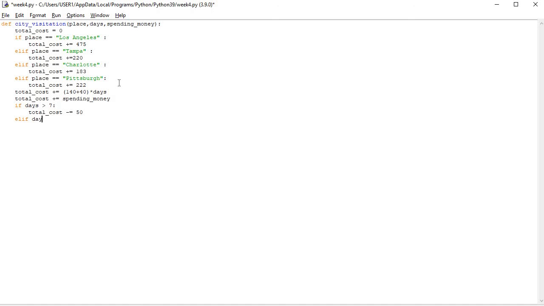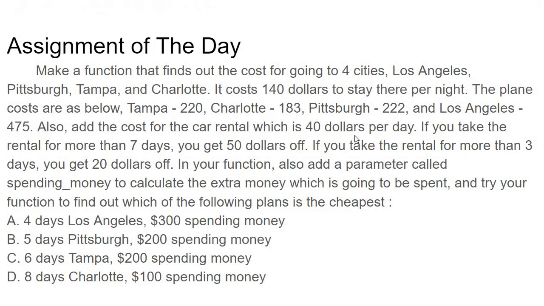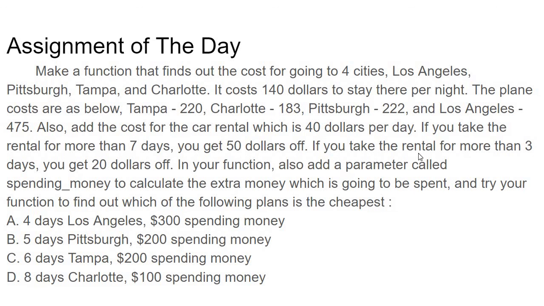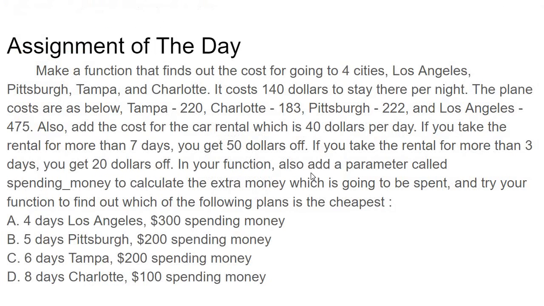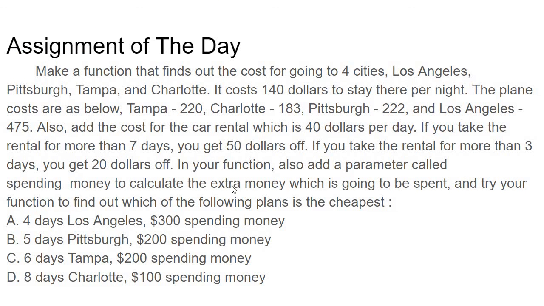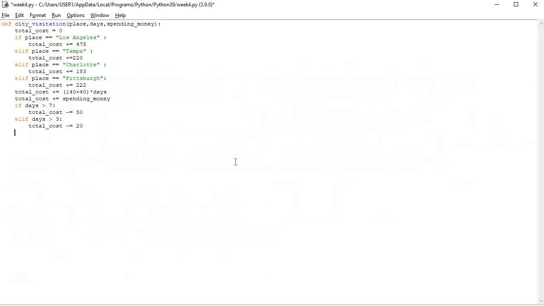Elif days is more than 3, we're gonna use the second statement now. If you take the rental for more than 3 days, you get $20 off. So then total cost minus equals 20. Now we have this function almost done. We just need to find the values for each one of them. Also let's return total cost so it's easier for us to use it later on.